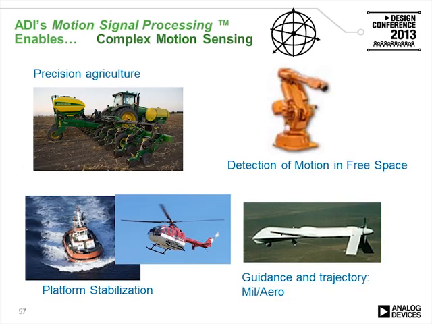The IMUs made by Analog Devices are generally used in very high precision applications. These are some applications that require this level of precision: high-end agricultural equipment and military and aerospace applications such as UAVs, helicopters, etc.